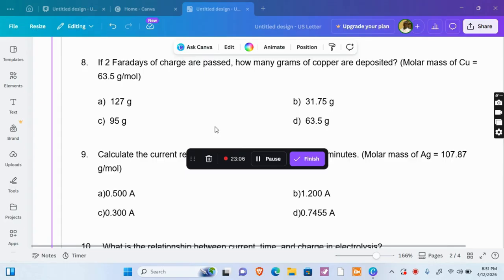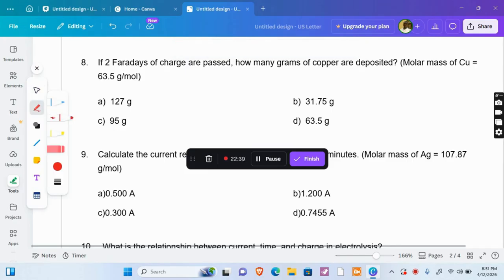It states that the mass of a substance deposited during electrolysis is directly proportional to the quantity of charge that passes through the electrolyte. So that's the first law of electrolysis. The mass of a substance can be the mass of copper, zinc, or any metal, any substance that's an electrolyte.